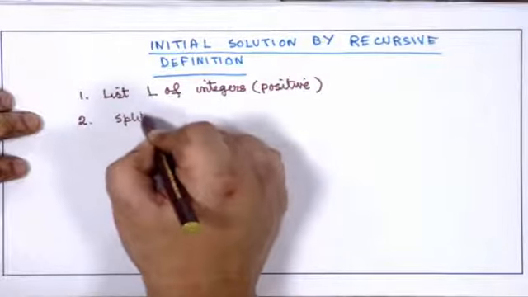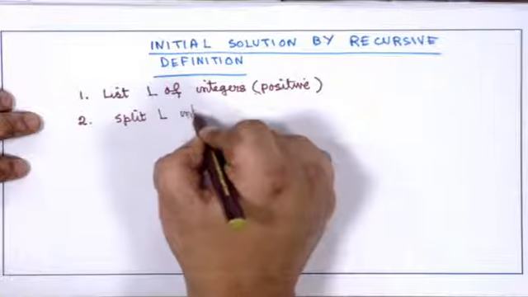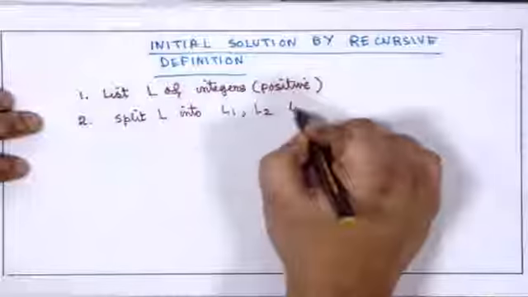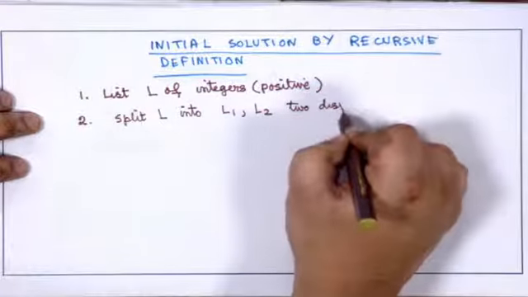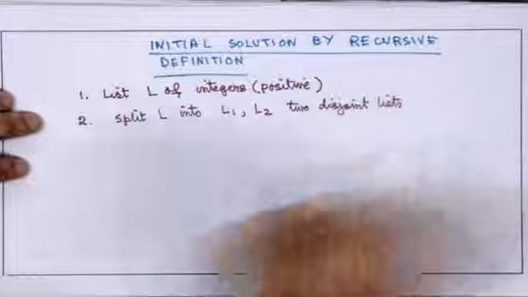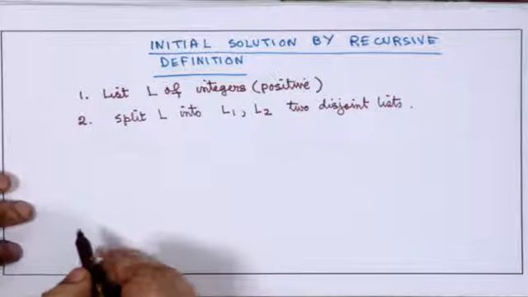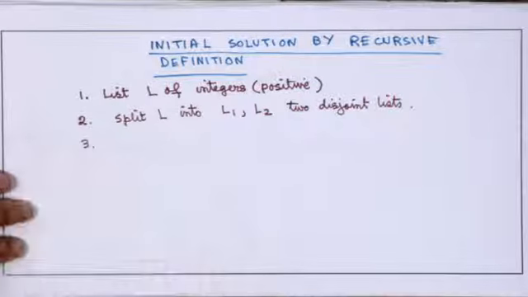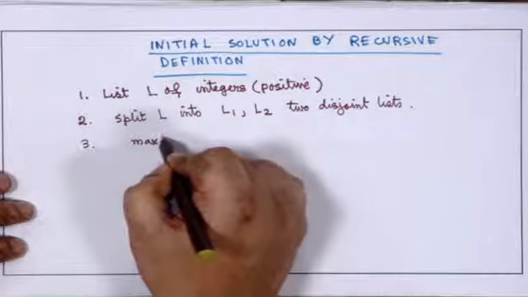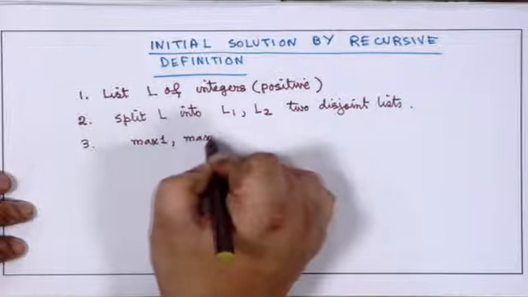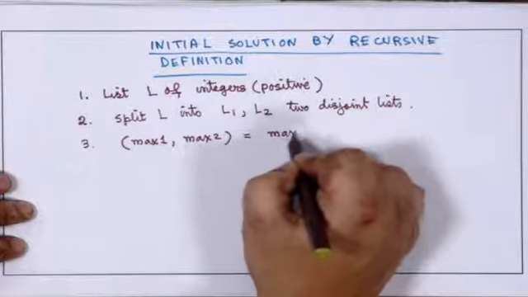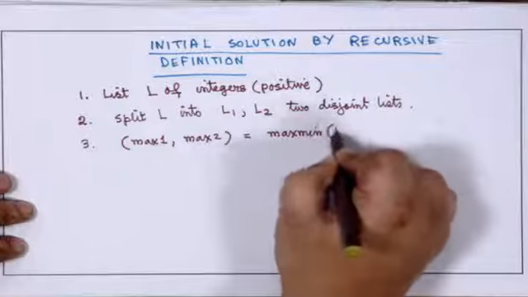Split L into L1, L2, two disjoint lists of L. The third step, find max 1 and min 1 is equal to max min L1.